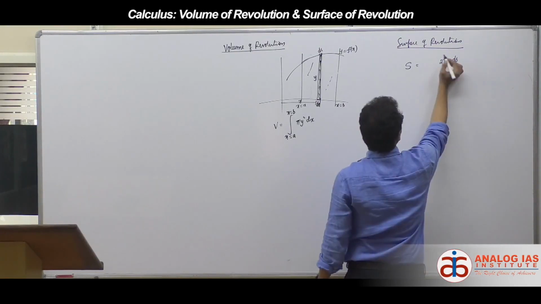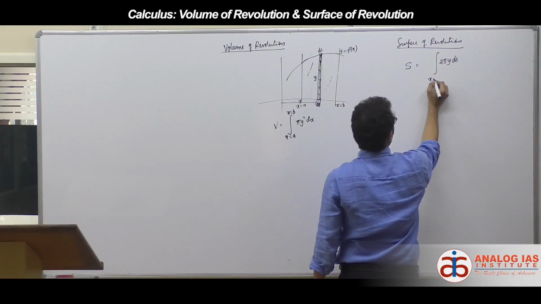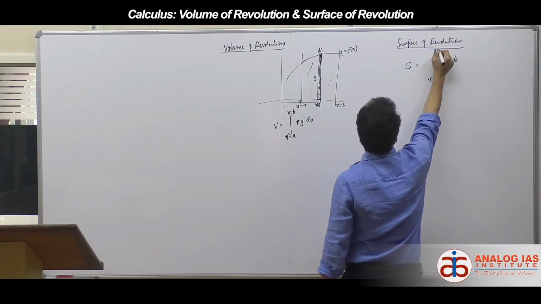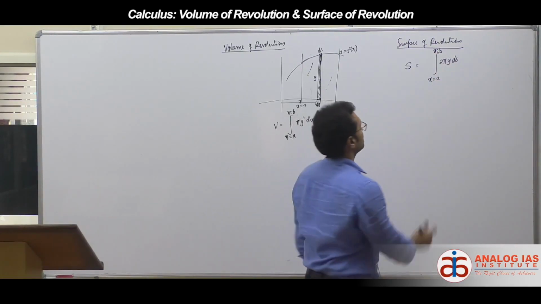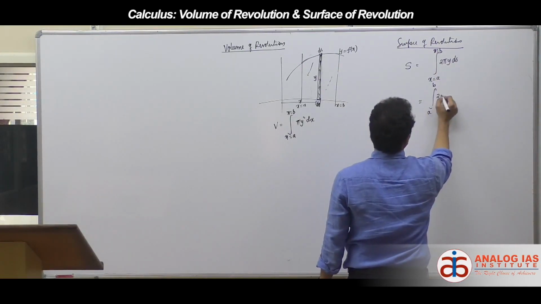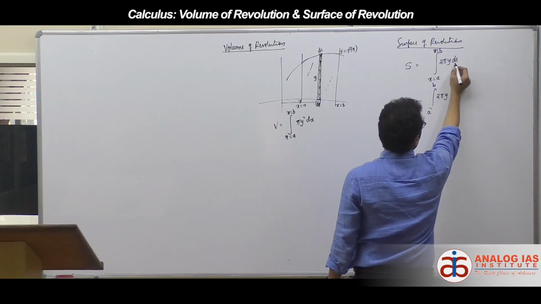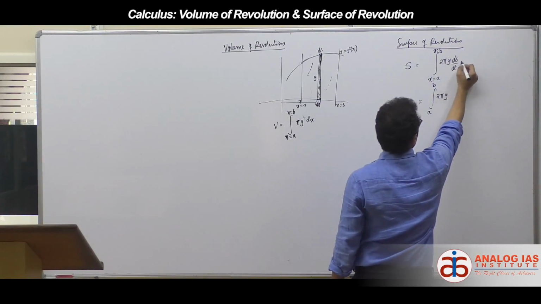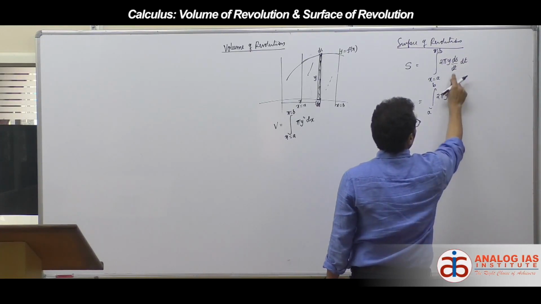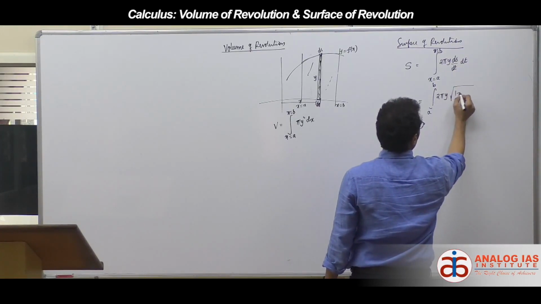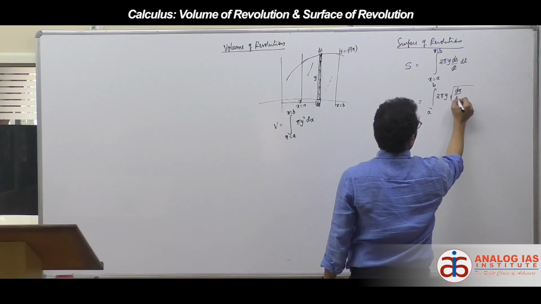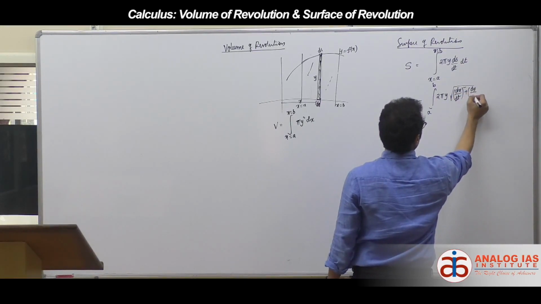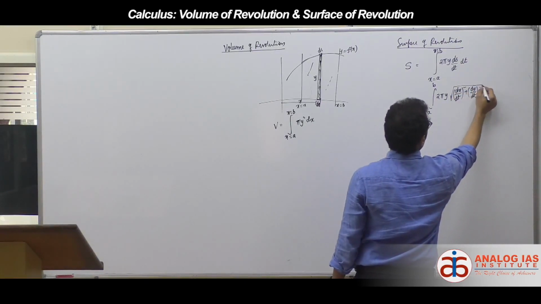How many such strips would be there? Infinite number of strips running from x equal to a to x equal to b. What is ds first of all? Integral a to b, 2 pi y ds. If you convert this into parametric notation, you can write ds by dt as square root of 1 plus dx by dt whole square plus dy by dt whole square.